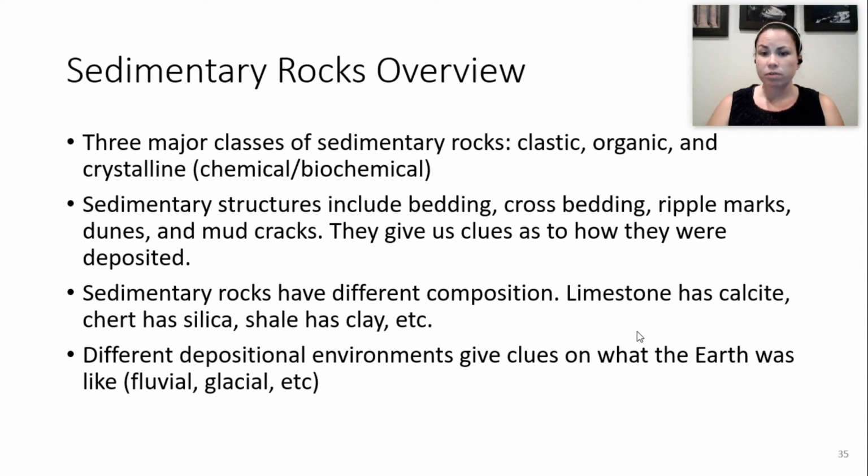Different depositional environments give us clues to what the Earth was like in that geologic time. We can use the past to tell us about the present and vice versa. So we look at environments that we see today, and we can use our detective skills to figure out what the Earth was like.